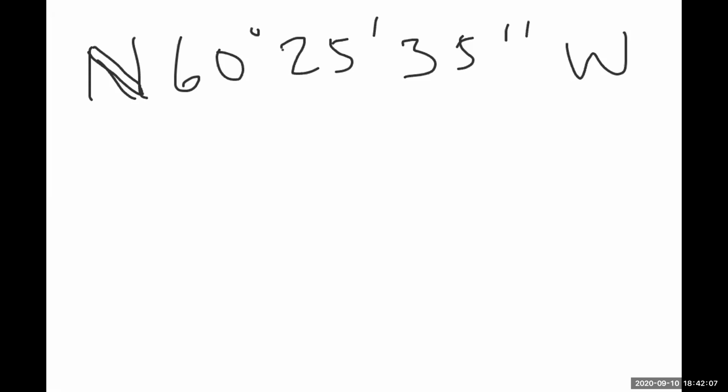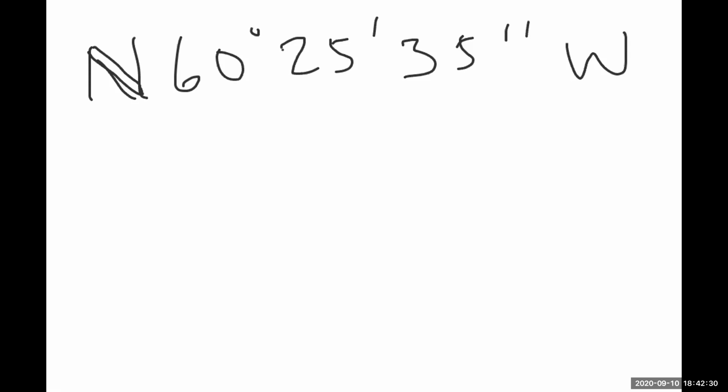Sometimes you'll be in industry and you'll need to convert one way or the other depending on where you are. If you're working out in the field and you're using instrumentation, instrumentation uses azimuth. When you're looking at mapping, you're looking at DMS.